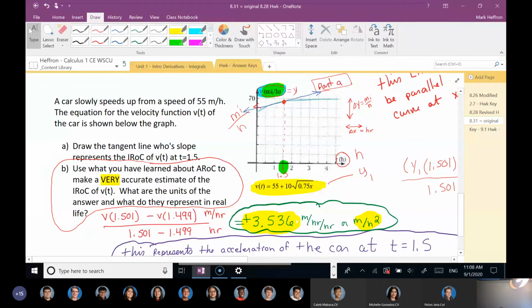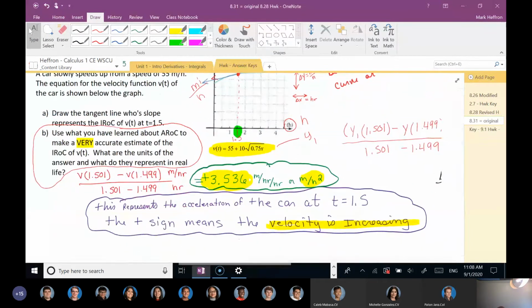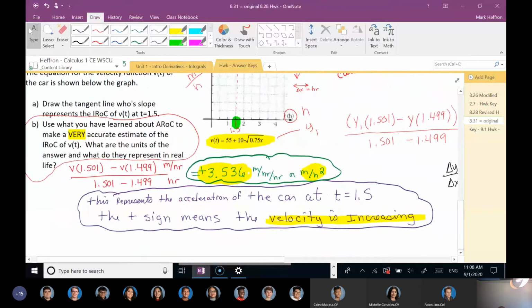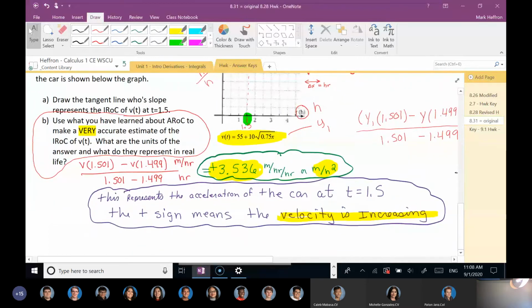And then my last answer, part B, was where I used the average rate of change at intervals very, very close to 1.5. I was really close to 1.5 on the right and on the left.